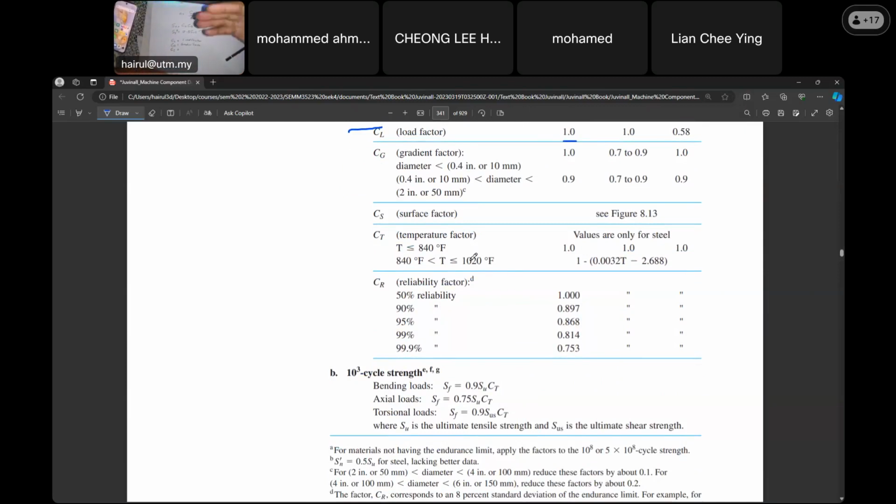For 90%, 10% fail and 90% will pass. So the higher the reliability, the lower the value of your factor. Sorry, my mistake. If you expect the reliability to be high, the lower the value of your factor.